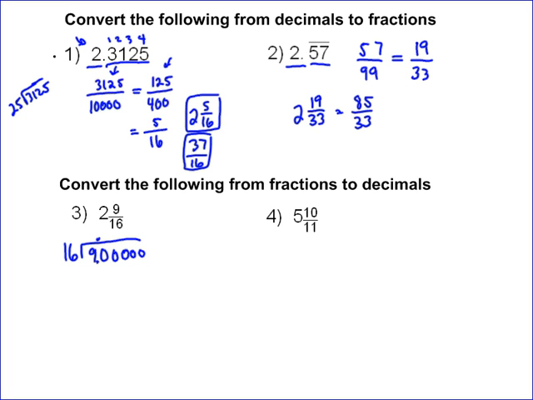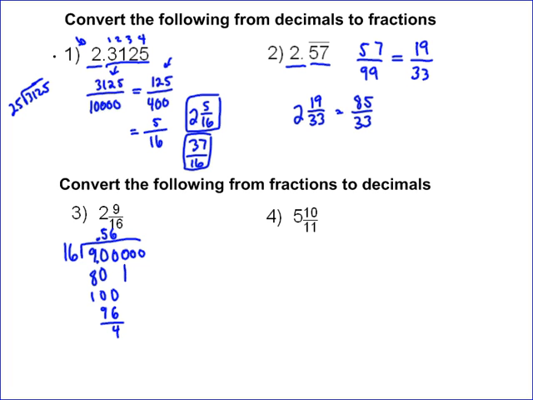So 16 goes into 90 5 times, because 16 times 5 is 80. That gives me a remainder of 10. So now I look at 16 going into 100. Well, if you add 16 to 80, you get 96, so it's just going to be one more, which would be 6. 16 times 6 is 96.